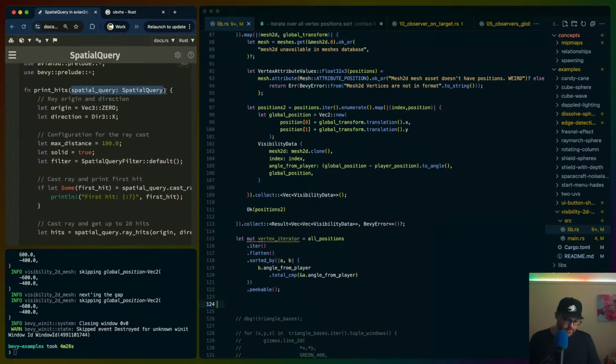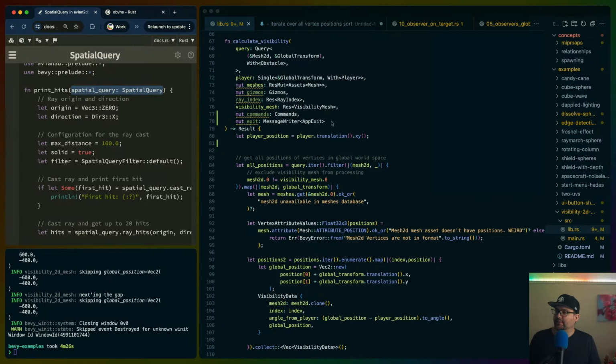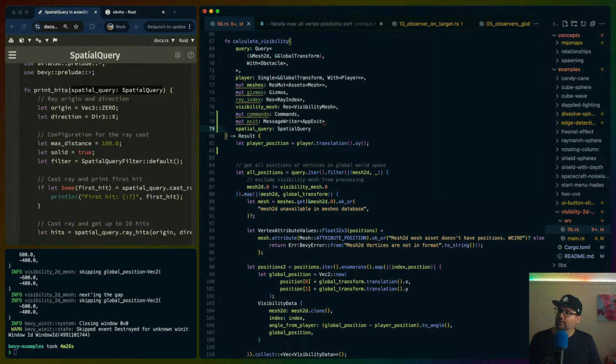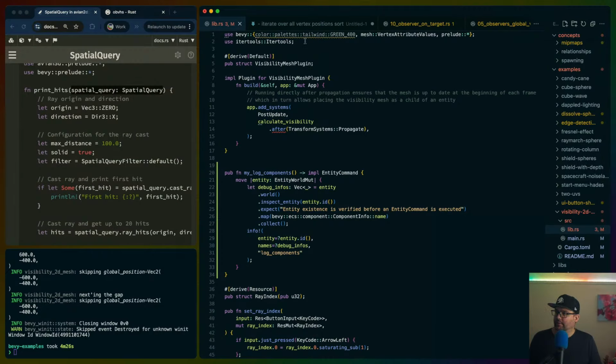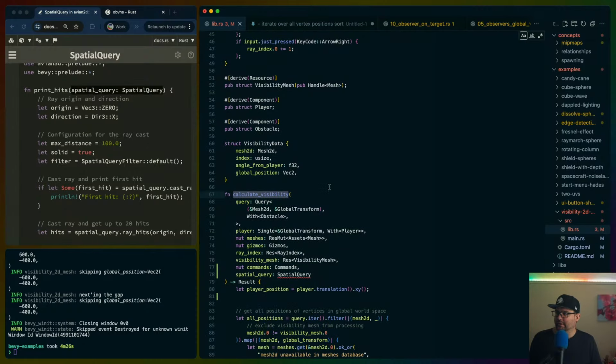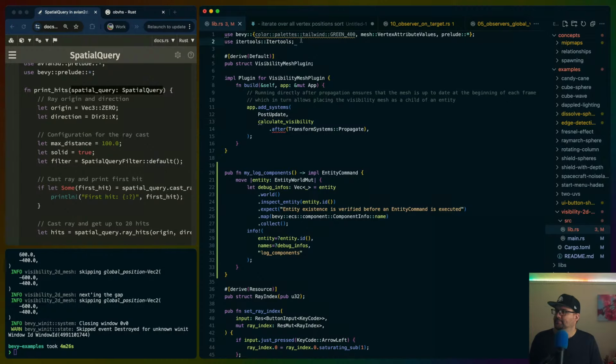We do need to, if we're going to do this, have the spatial query, and build the spatial stuff for... Why is after an issue? That's weird. Oh, calculate visibility is an invalid system.